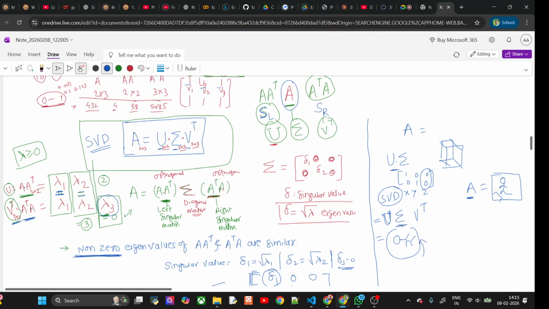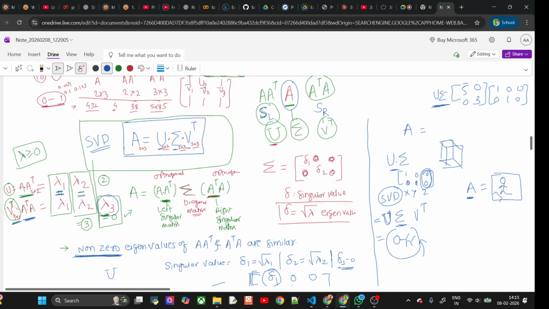Then sigma will reduce the dimensions, like if it is 3 dimensions, it will reduce to 1 dimension, because for this example I took z as 0, and it will stretch it. It depends on your values, for example 5, 0, 0, 3, and your sigma is 1 0 0, 0 0 1 0.